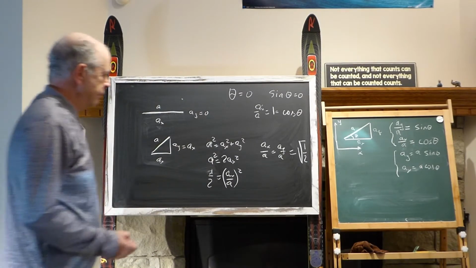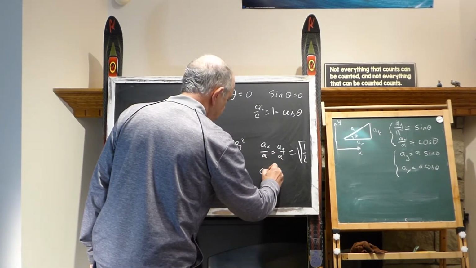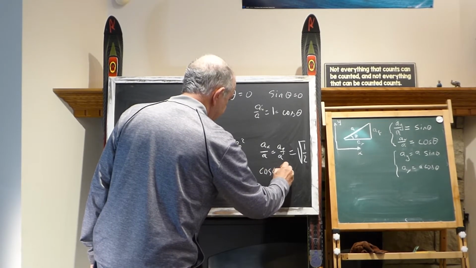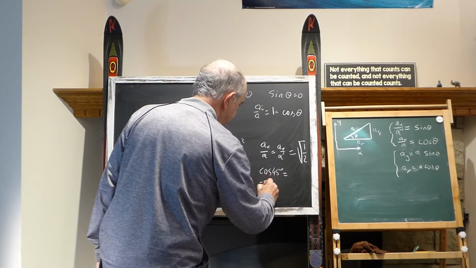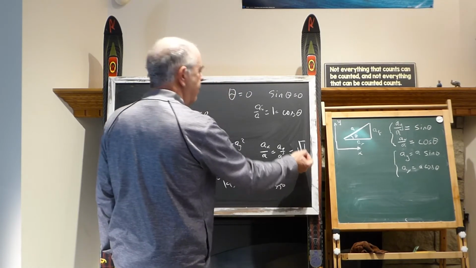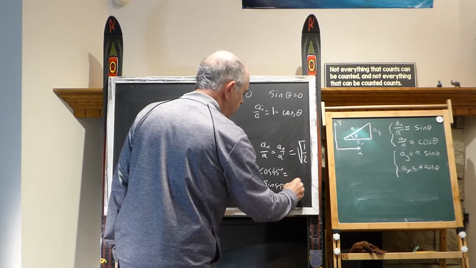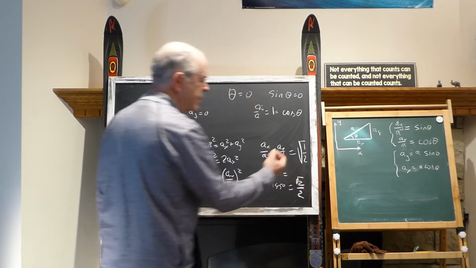But ax over a is cosine theta, so cosine 45 degrees, and ay over a is sine 45 degrees. And I made here a trick, I multiply by 2, and this would be square root of 2 over 2. And this is standard.